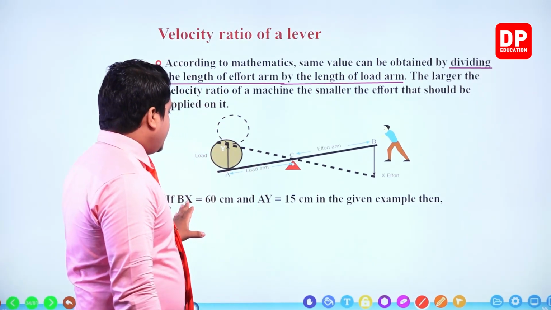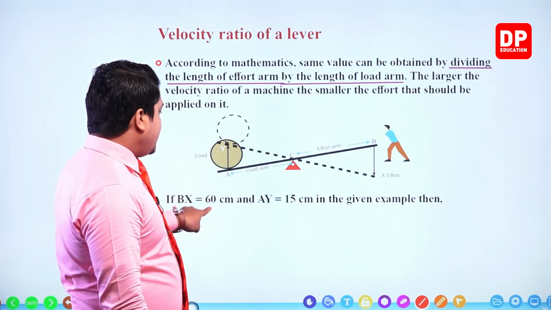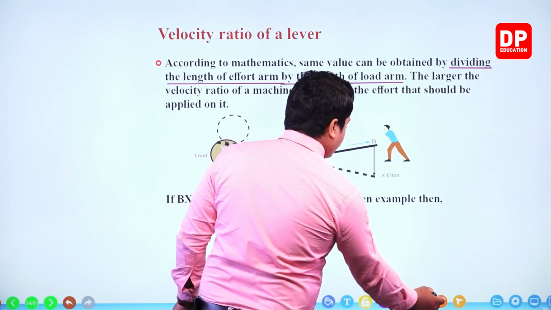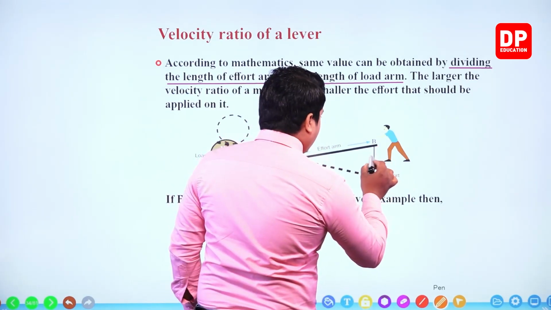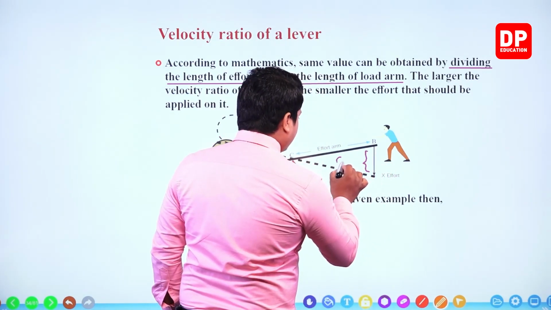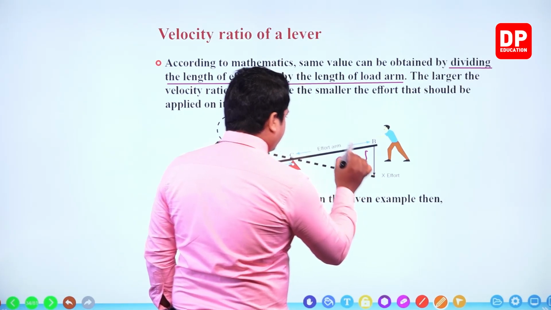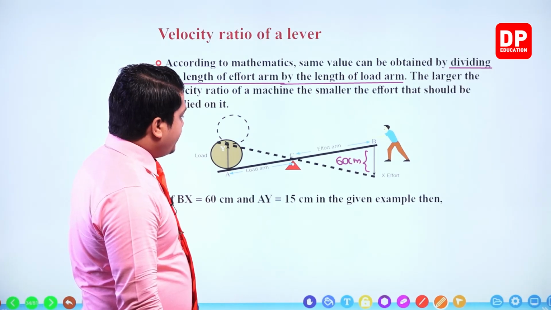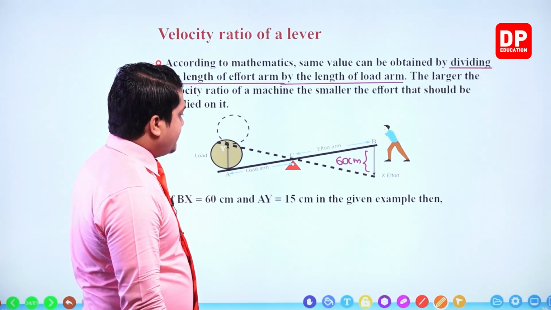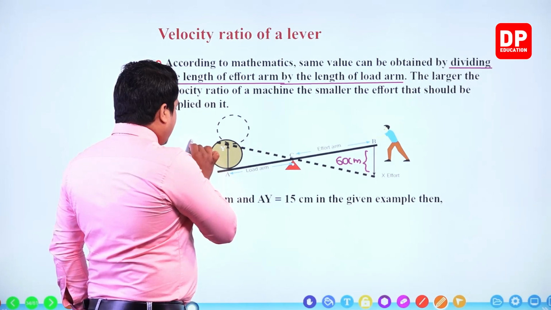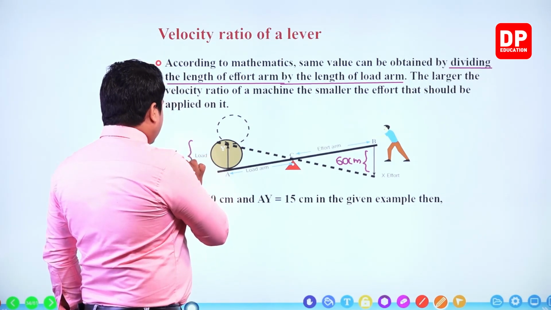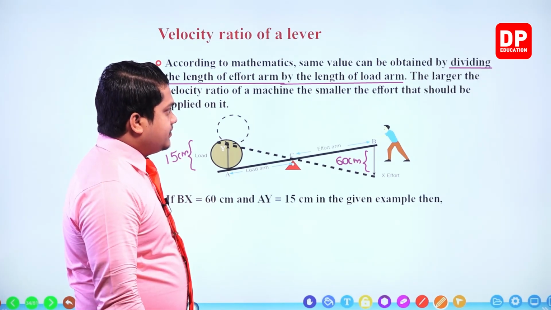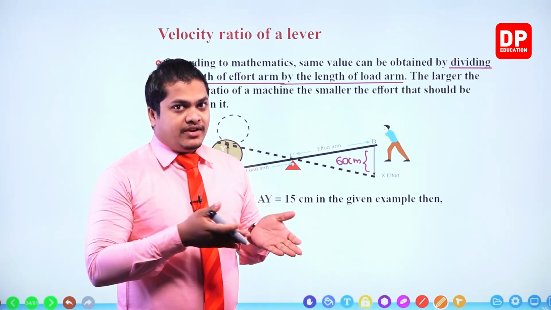So you are given a question here. If BX is equal to 60 centimeters, here 60, and AY is equal to 15 centimeters in the given example, then you need to calculate the velocity ratio.